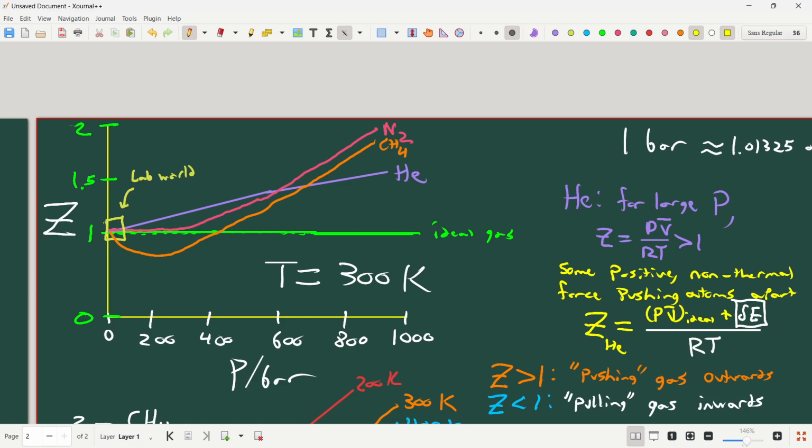The characteristics of the material, the chemistry of it, if you will, ultimately determine how great these deviations are. But the fact that they exist at all, and their trends, don't have anything to do with the material. They have to do with just laws of nature, because we see them for everything.